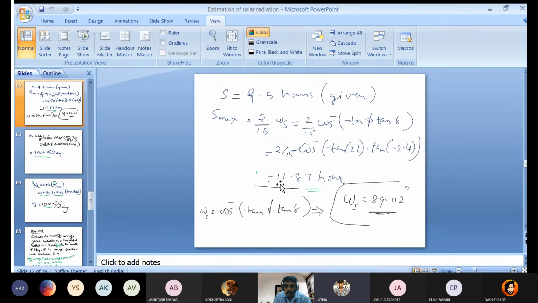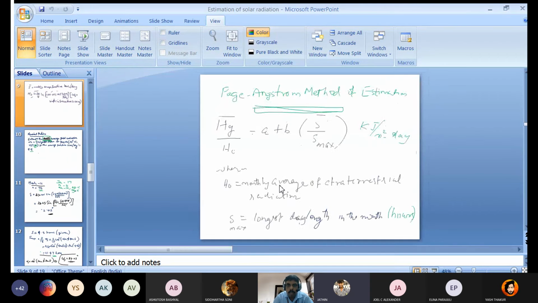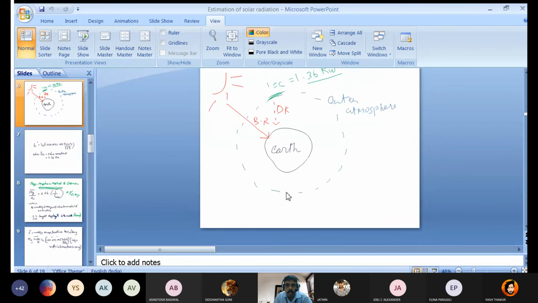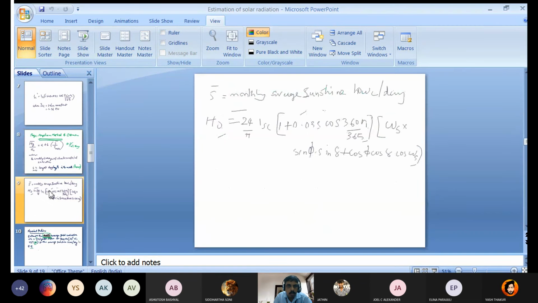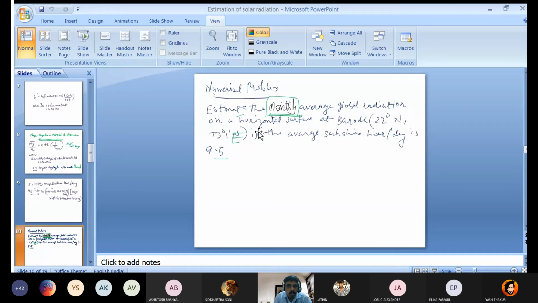Sir, how did we get that phi angle as 22 degrees? That is given in the question. Phi angle depends on the location. The location is already given. Baroda means 22 degree north, 73.1 degree east.